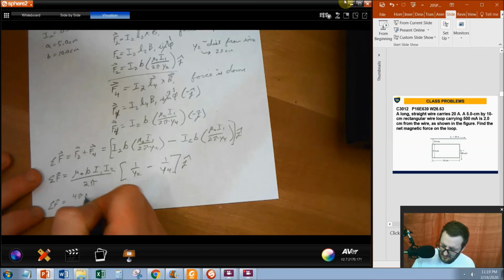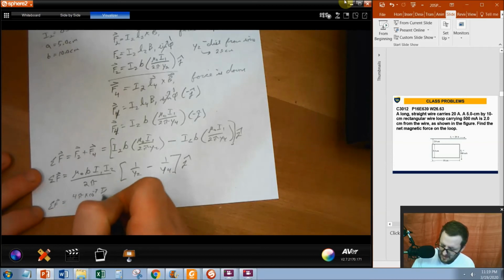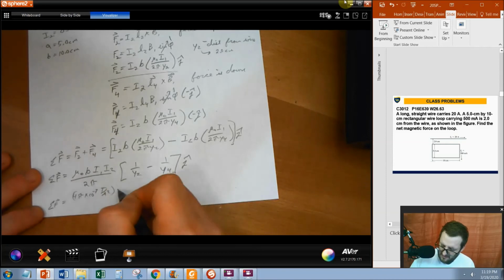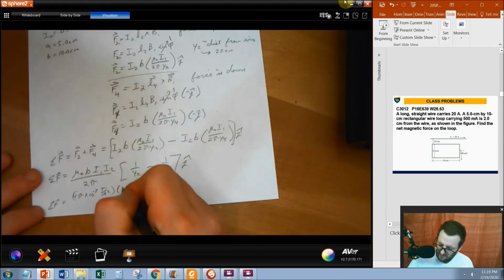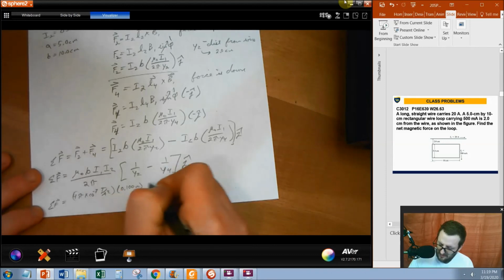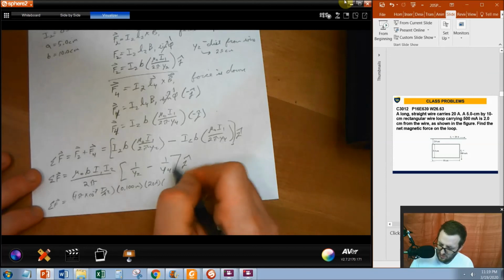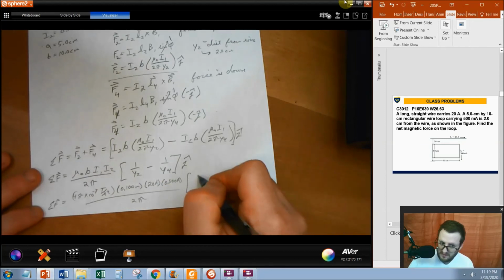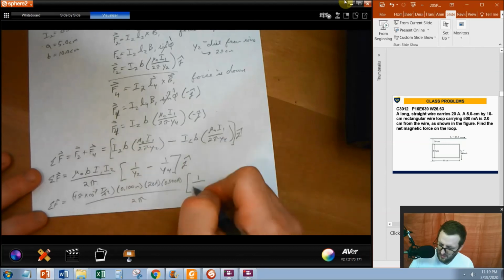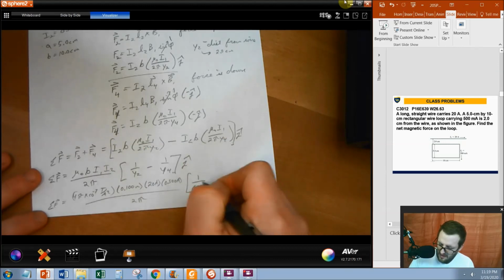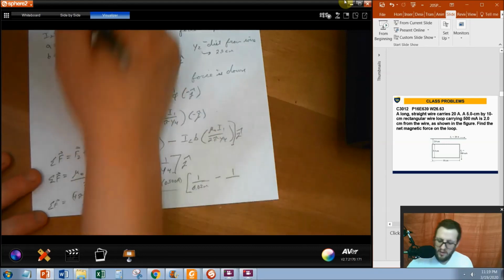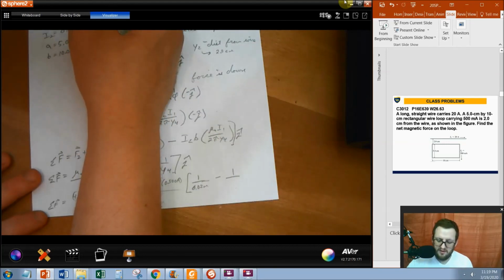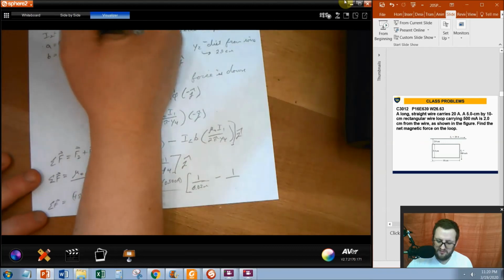So it's 4 pi times 10 to the negative 7th tesla meters per amp, times b, which is 10 centimeters, or 0.100 meters, times I2, which is 20 amps, times I1, which is 0.500 amps, over 2 pi, times 1 over y2, which we know is 0.02 meters, minus 1 over, now what's the distance here? Well, it's 2 centimeters plus a, which is 5 centimeters.